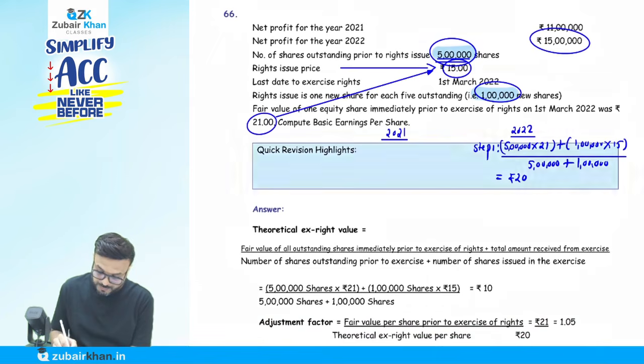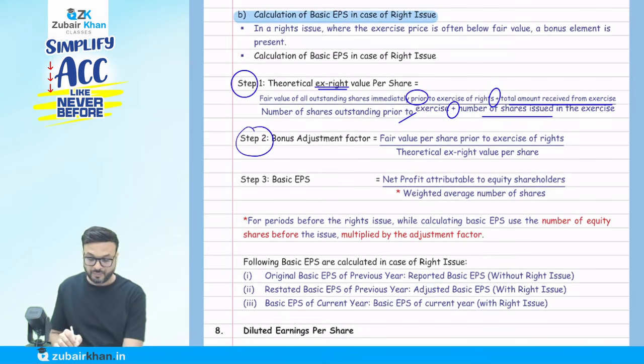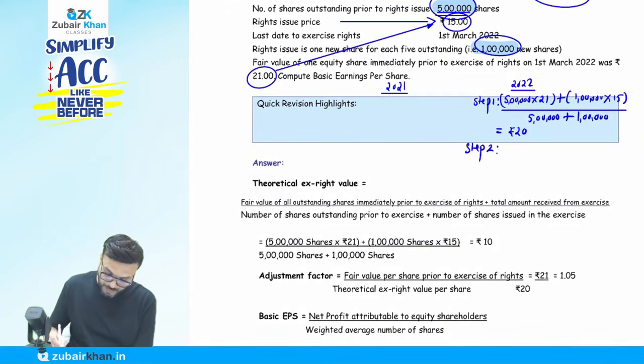Now step number 2. How much is the bonus element? So the formula is the fair value of the share price before exercise of the rights divided by the theoretical ex-rights value. How much is the theoretical ex-rights value? Rupees 20.